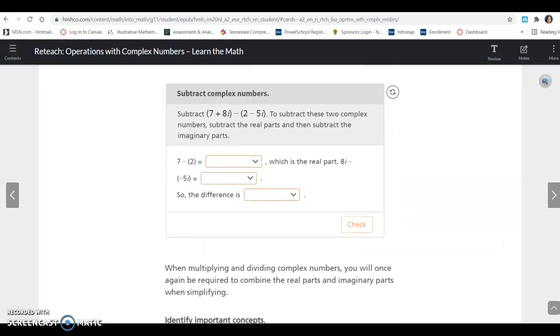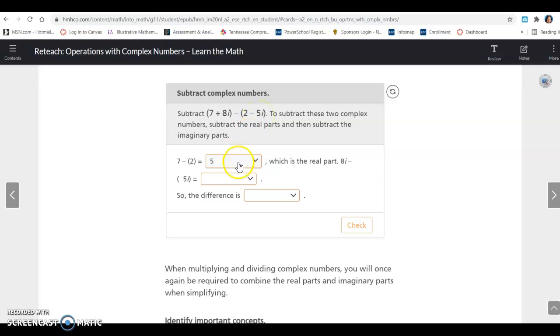You can also subtract complex numbers. To subtract complex numbers, you're going to do pretty much the same thing. You're going to put the two real numbers together. So we've got 7 minus 2, which is 5. And then you put the complex parts together. So 8i minus negative 5. Remember, a minus a negative 5 is actually plus 5.